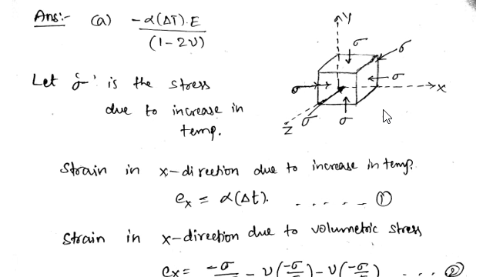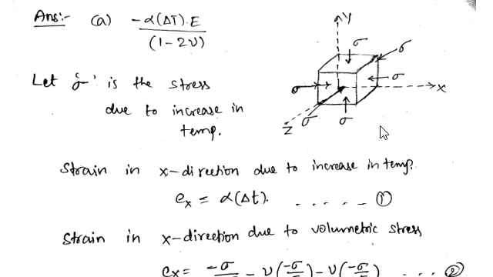Suppose it is constrained with some walls, if you assume like that, and when it is heated, it will try to expand. But the walls will restrict, so the walls will apply compressive load or stress on all faces of the block.